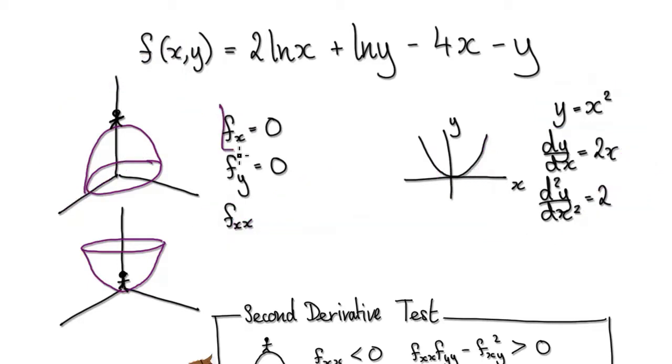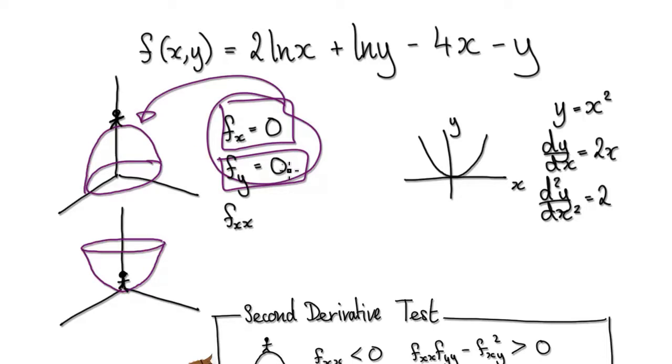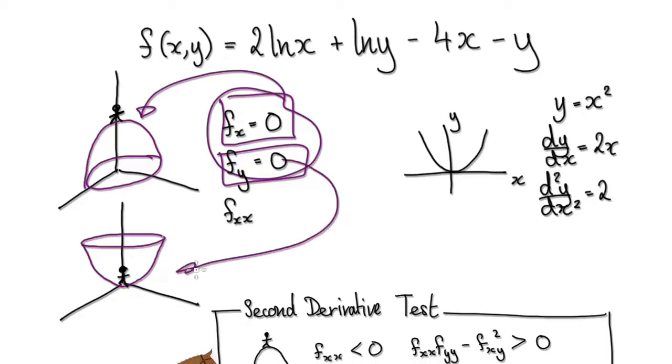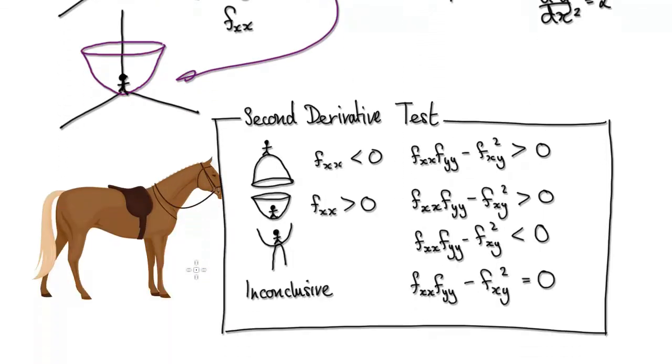Just because this equals 0 and this equals 0, it doesn't mean that it must be a max or it must be a min. It could be a saddle point, because let's just imagine in the direction of the horse's head, it's the x, and in the direction of the right hand side, this is y.